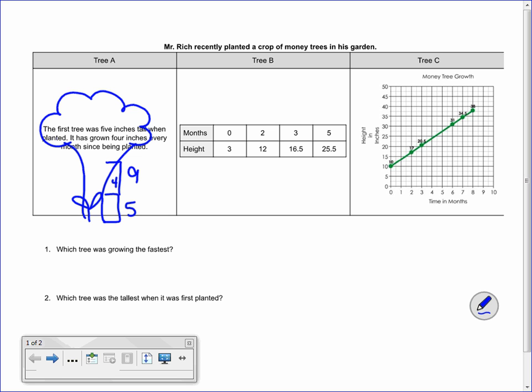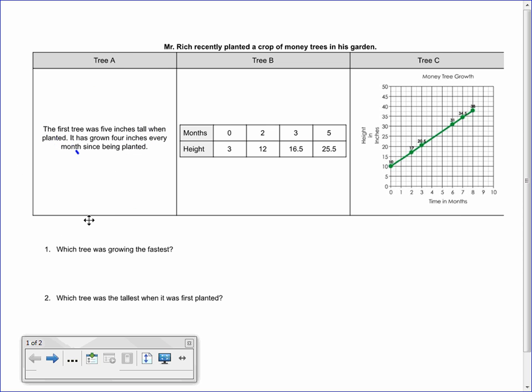So using that, I'm going to erase this and make a table so I can see what's happening. We have months and the height. When it's planted it's 5 inches tall, that means there are no months.